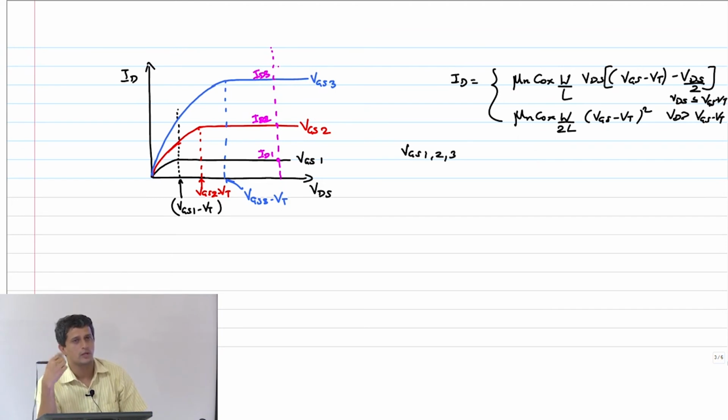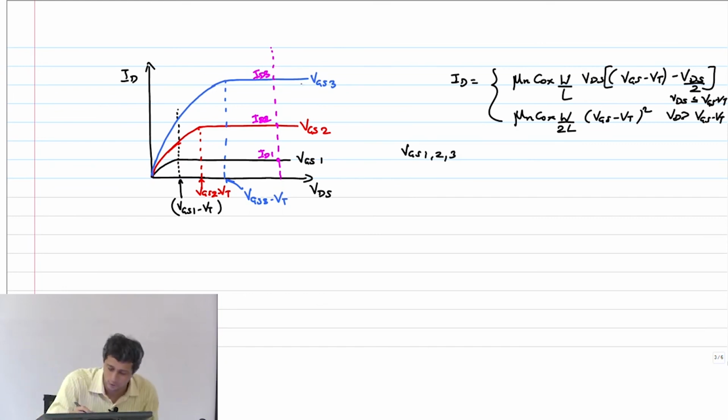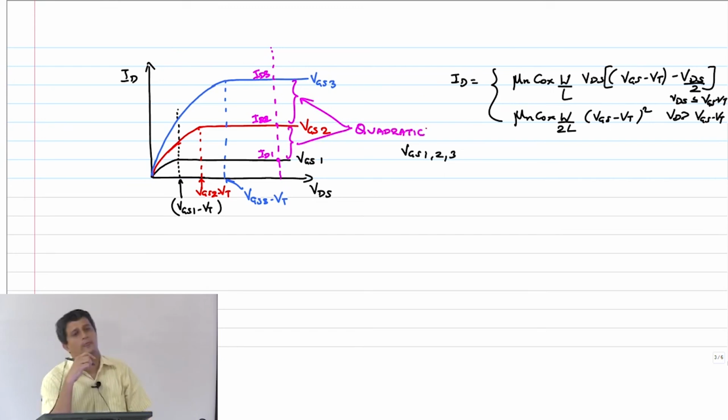So what should be the functional relationship with respect to VGS here? It should be a quadratic relationship, right? So if I increase VGS a little bit, then the saturation current goes up as the square of VGS minus VT, right? So therefore this spacing will now be quadratic. Okay?